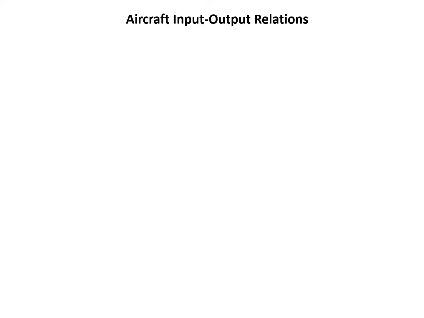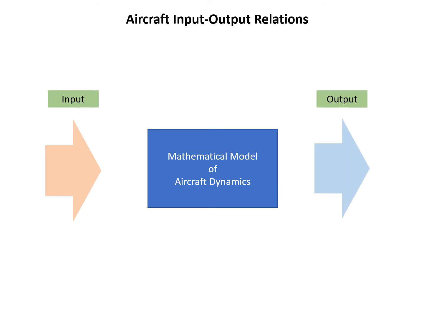Okay, so now let's first introduce the aircraft input and output relations, a basic concept. So consider the relation combined like this, and in the center is a mathematical model of aircraft dynamics, which we can treat as a black box.